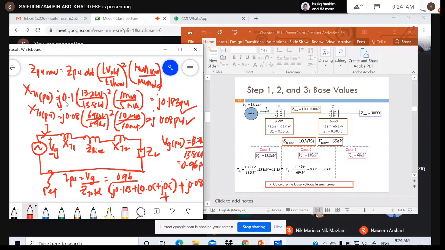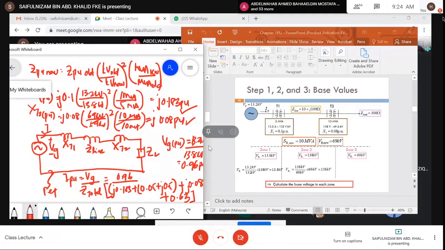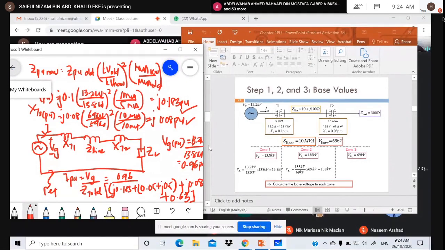And then last one for the load. What is load? 0.63. So this is the total impedance, looking from the source, similar to circuit theory. So what is the IPU? The per unit current.